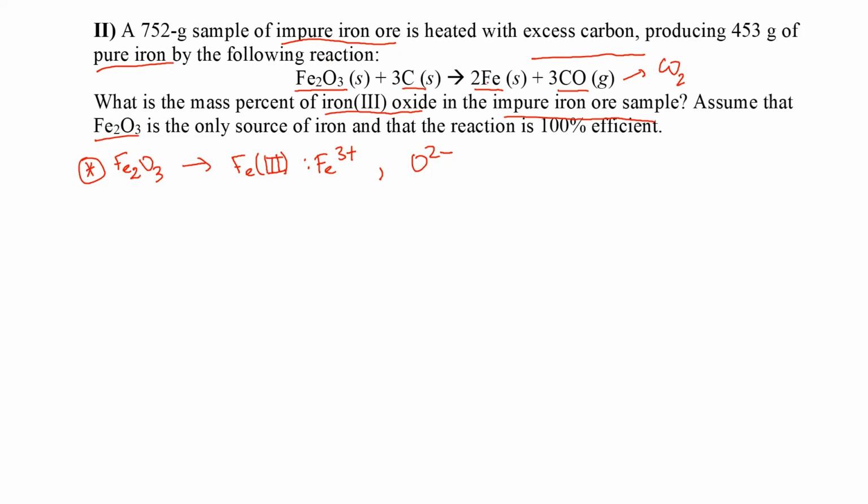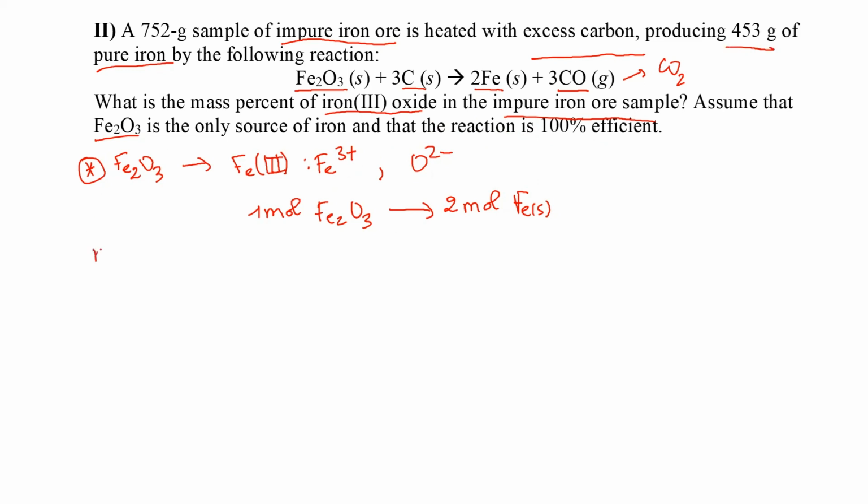So the stoichiometry of the reaction is telling us that 1 mole of iron oxide is equivalent to 2 moles of iron solid. Okay, and we know that all of the iron here that is formed is coming from the iron oxide. So here we get the mass that is produced. We get the 453 gram of pure iron.